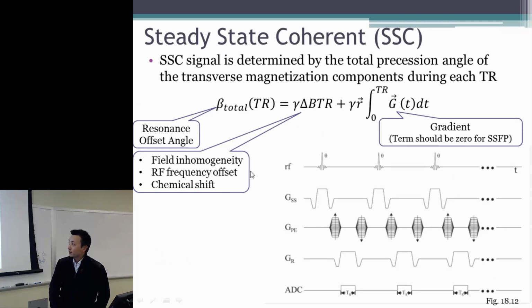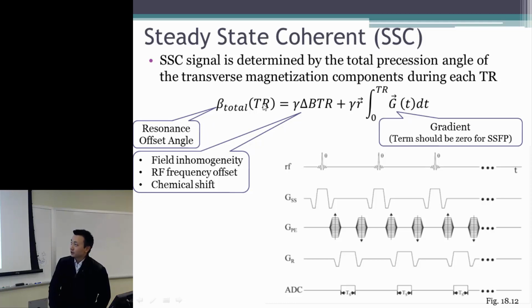Okay, so because the signal from one TR will be contributing to the signals in the subsequent TRs, we have to be able to describe how the signals evolve during this TR. So we use the total precession angle of the transverse magnetization component during each TR. This is what we call the resonance offset angle.